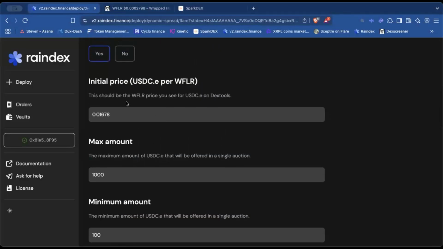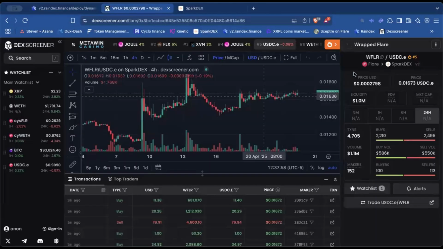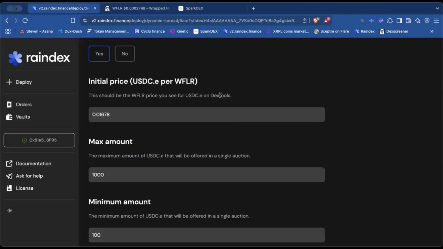So how many USDC do you get per Flare? That's correct. If it said wrapped Flare per USDC, then it would be the other way around. If you sell one Flare, you're going to get 0.016 USDC.